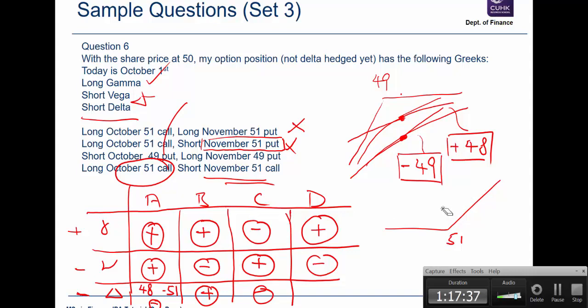I think I can try and draw it better. So you are here. This one is the one where you are long. Compare with this one.